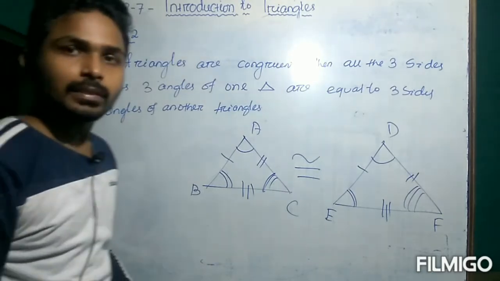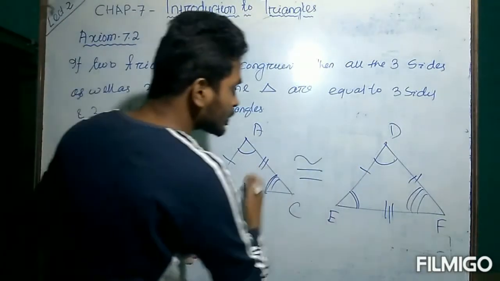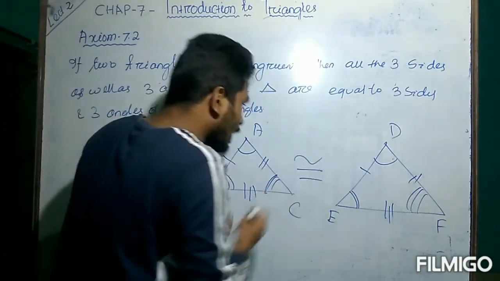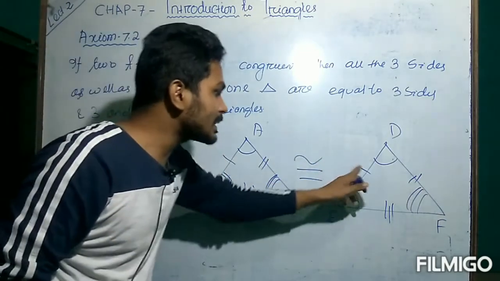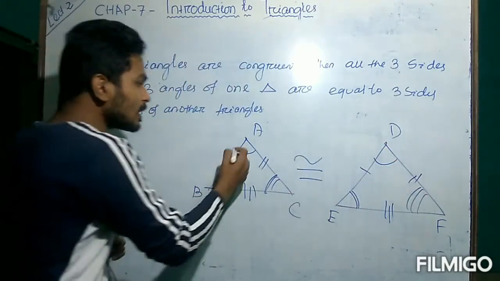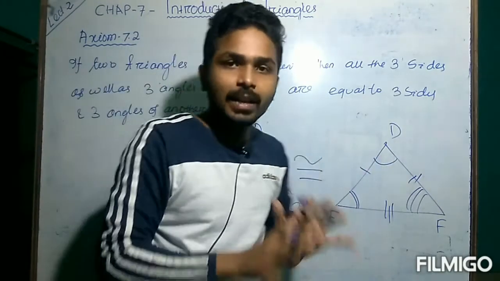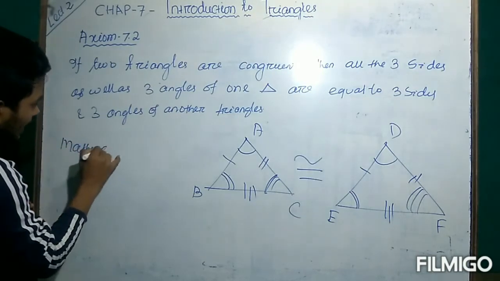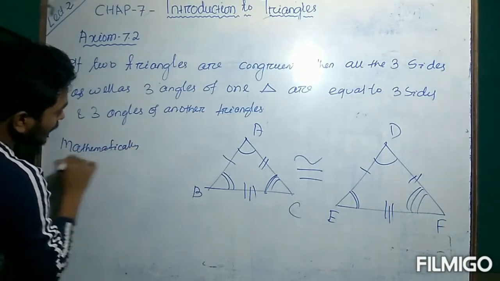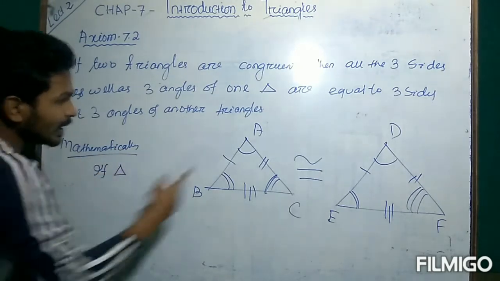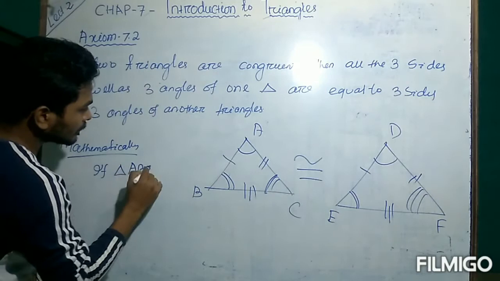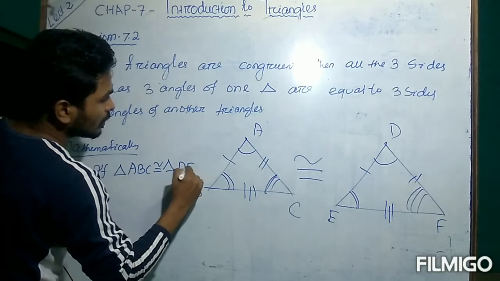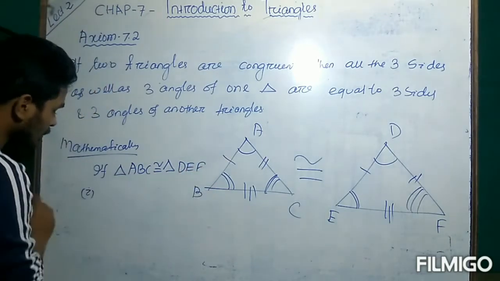Okay, understood? So as you can see, there are 2 figures, 2 triangles, and these 2 triangles are congruent according to the statement. And if they are congruent, then their corresponding sides, these are the corresponding sides, as well as their corresponding angles are equal. Okay, so we can write mathematically that if triangle ABC is congruent to the triangle DEF, then what will happen?